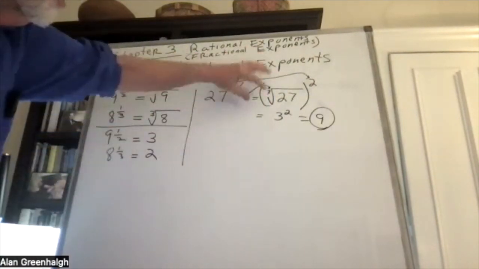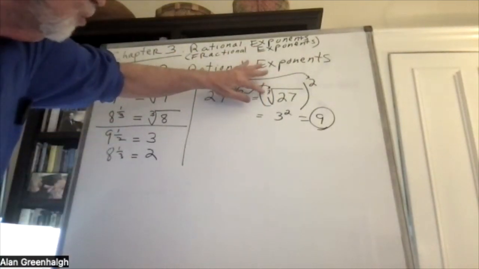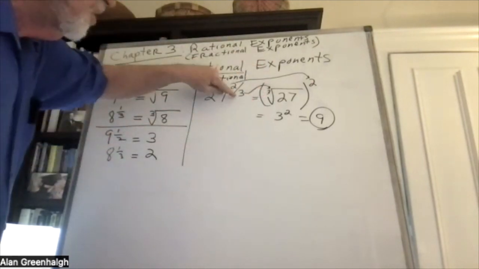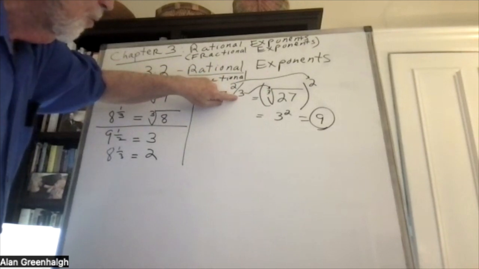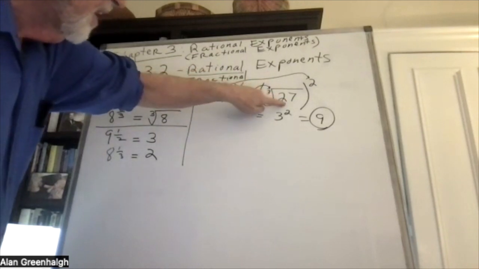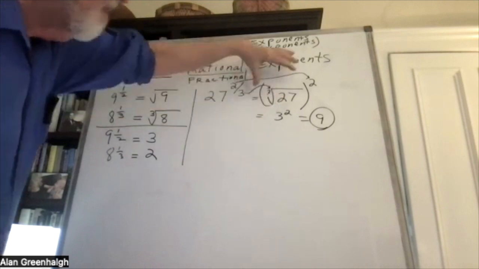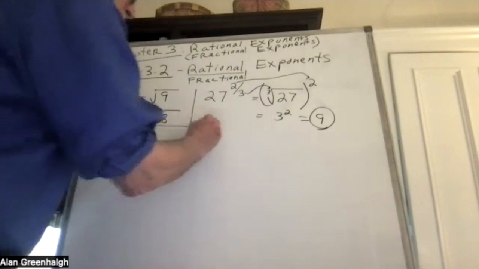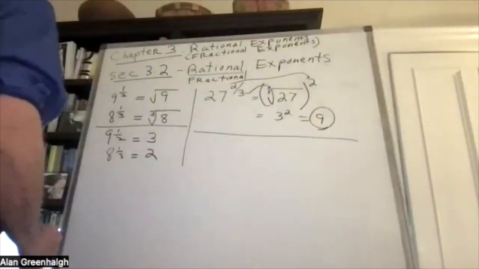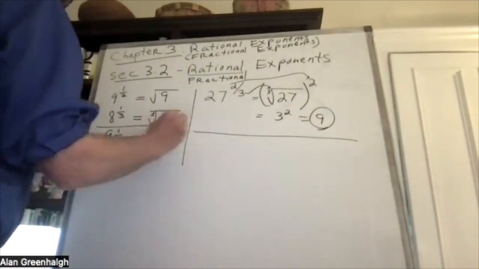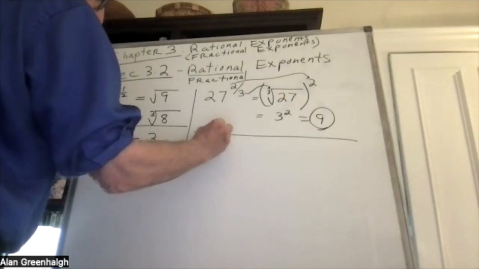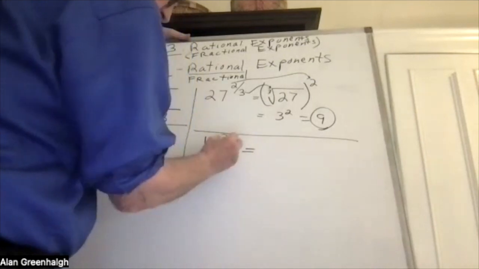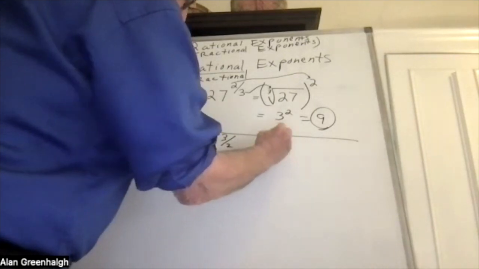And you always do the root first. Let me repeat that. You always do the bottom number, which is the root, first, and then you raise it to the exponent. 16 to the 3/2. Now this will be equal to, so let's first do the radical.